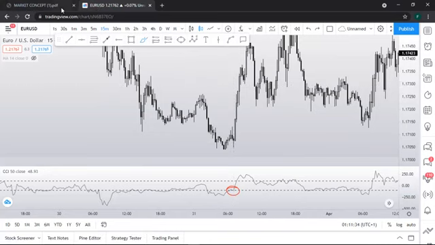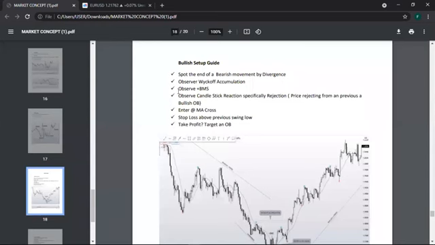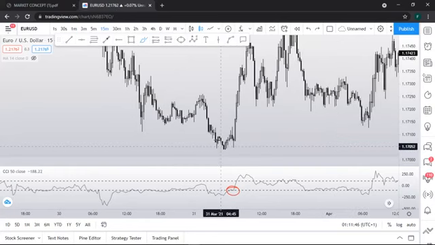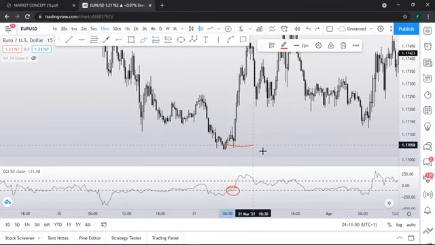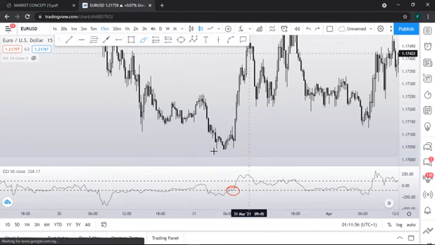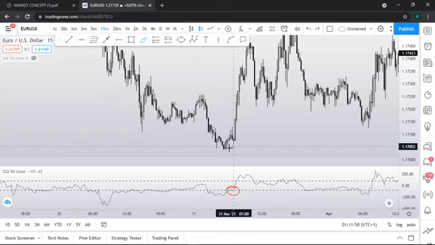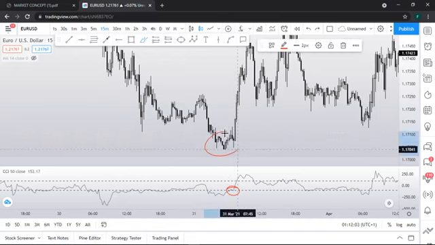Remember, here, break of market structure, observe candlestick reaction, rejecting from previous OB, Wyckoff schematic, and all that stuff. So this was a beautiful retest and a reaction. Price came back to retest the order block, and we shot up. And if you look closely, the order block was an engulfing again, an engulfing again.